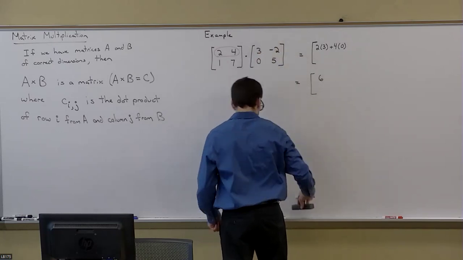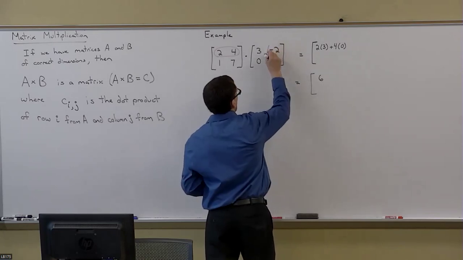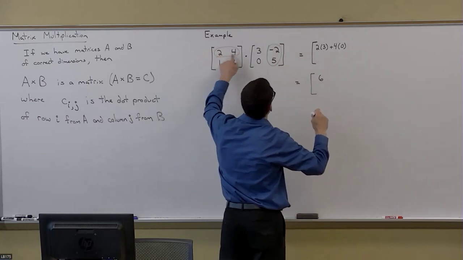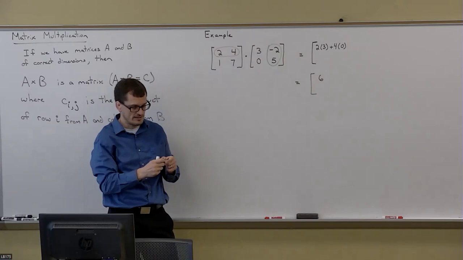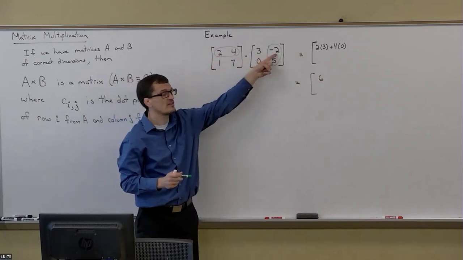I did the first entry in row 1. Let's do the second entry in row 1, so row 1, column 2. I take the dot product, where you take each one of these times there.